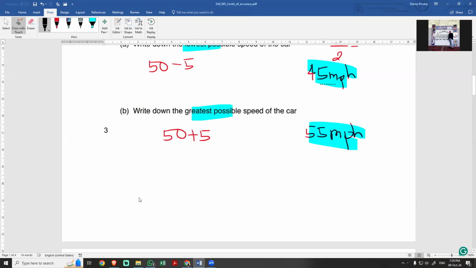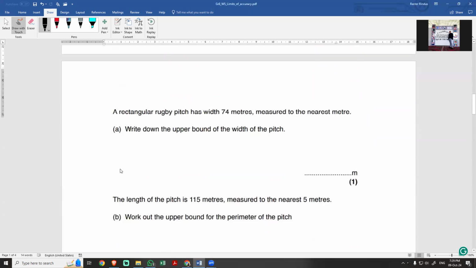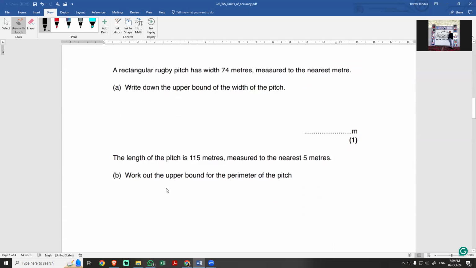So let's move on. Question number 3 should be down here, but the question was there because I converted to Word. The question here is the width of a rectangular rugby pitch is 74 meters, measured to the nearest meter, and we are looking for the upper bound of the width. Then the length of the pitch is 115 meters, corrected to 5 meters.